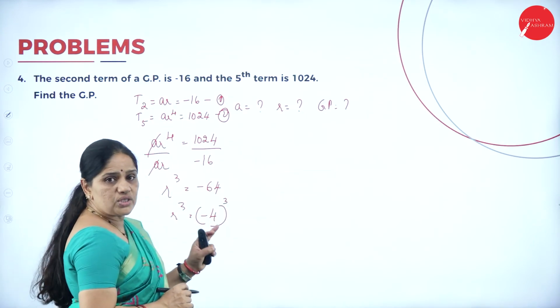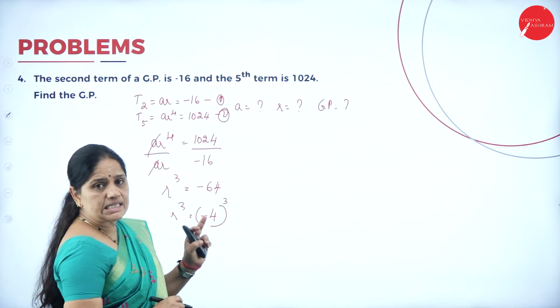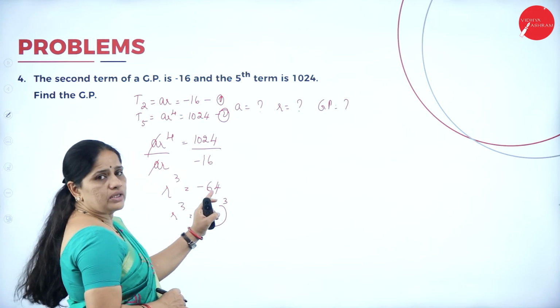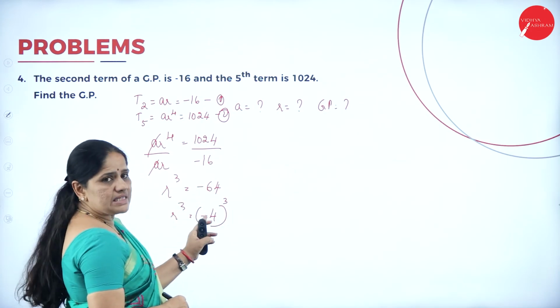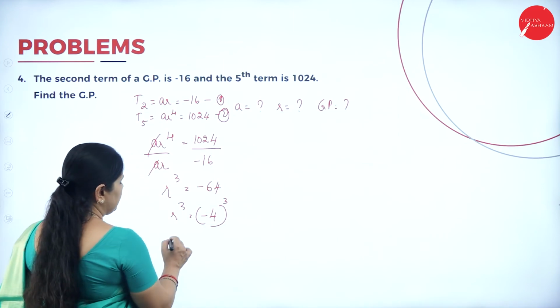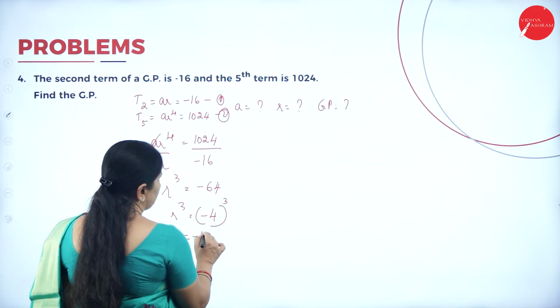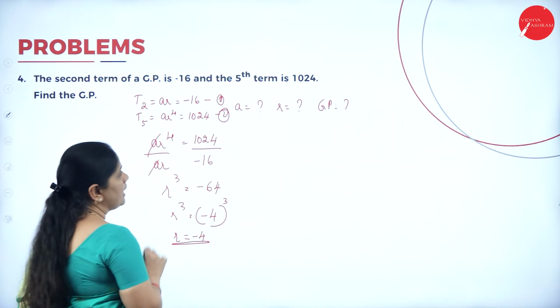So 4 into 4 is 16, 16 into 4 is 64. So minus 4 the whole cube. So when the powers are same, the bases can be equated. So R equals minus 4 is the answer.